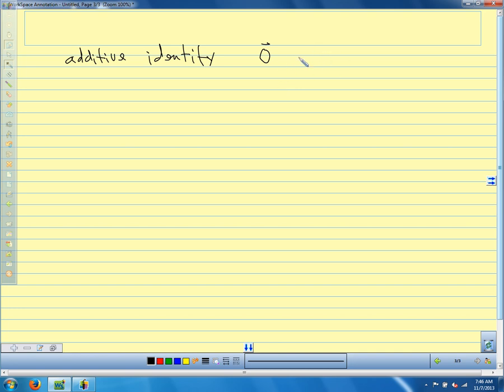So what the additive identity means is that U plus the 0 vector just gives us U. And an additive inverse is negative U. What that means is U plus negative U equals a 0 vector. So we call that the additive inverse.